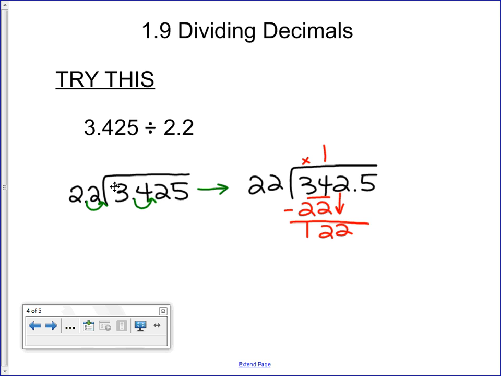We're going to start this process all over again. To do that, we ask how many times 22 goes into 122. You may use your calculator to divide that. I'm going to do my work on the side.